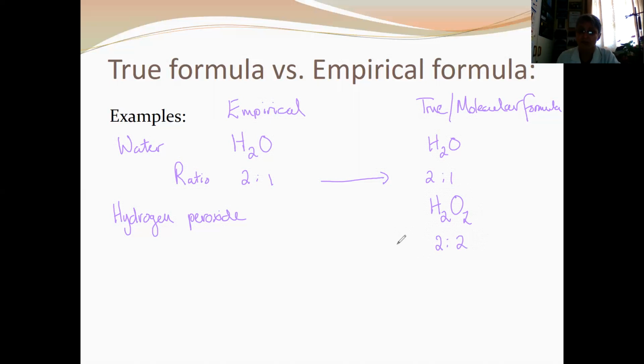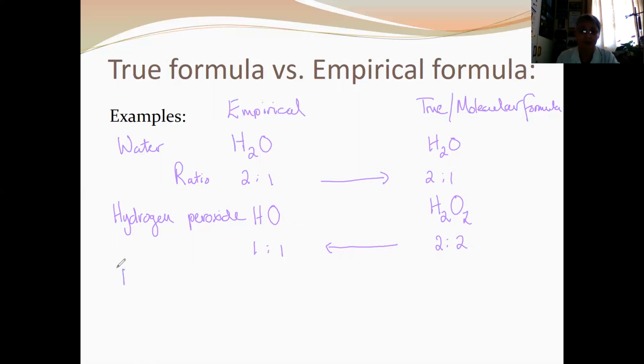But this is not the simplest ratio. The simplest ratio is 1 to 1. So the empirical formula for hydrogen peroxide is HO. This compound doesn't really exist. It just gives you the simplest ratio in which the elements combine.